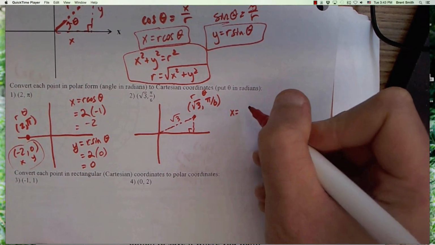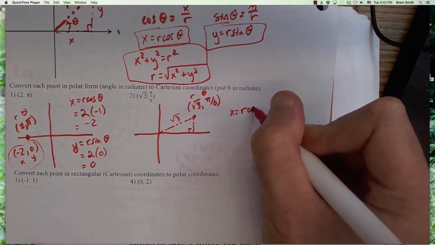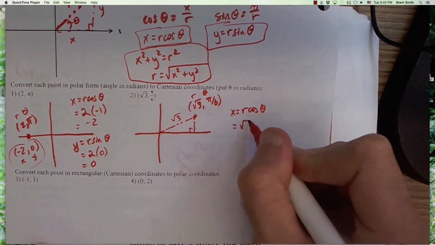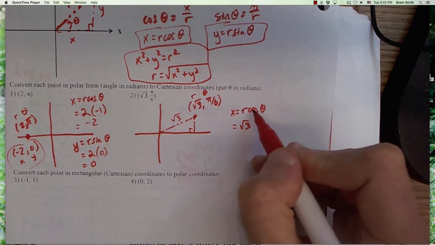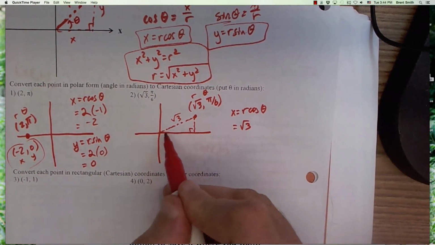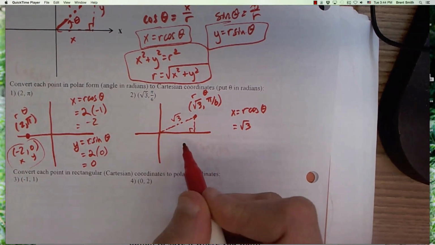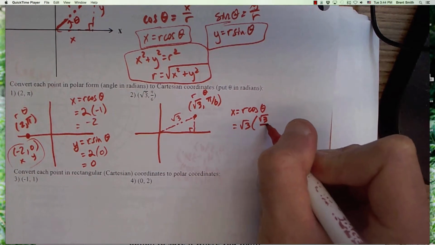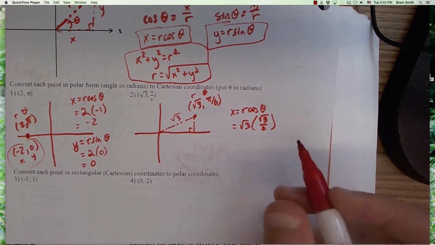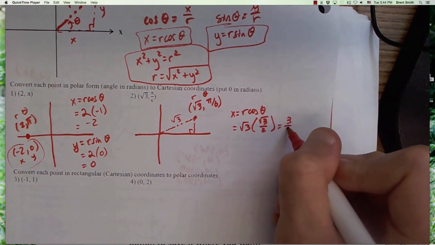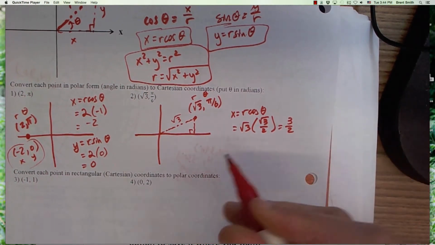X is going to be, again, r cosine theta. So our r is √3. Cosine pi over 6, cosine 30 degrees. We can kind of see this. It's the longer one. That's positive √3 over 2. So we get √3 times √3, that's √9, so 3 over 2 is our x coordinate.